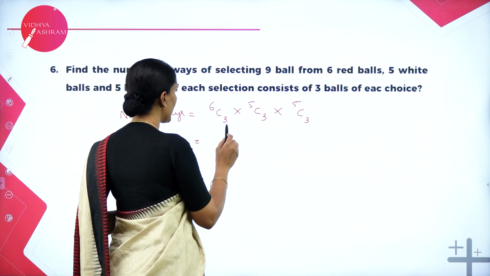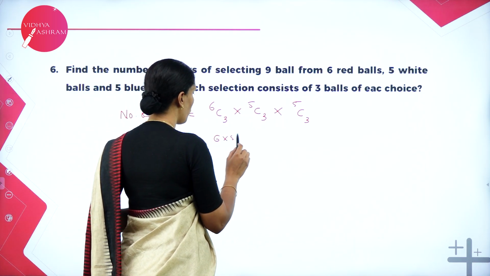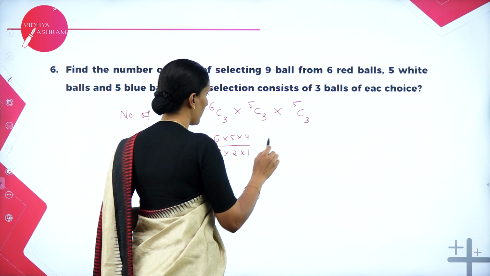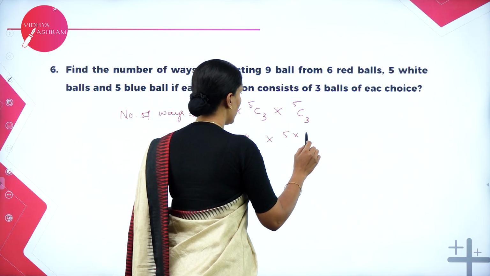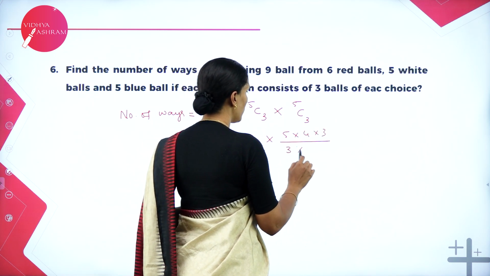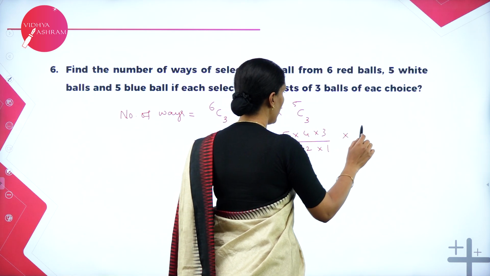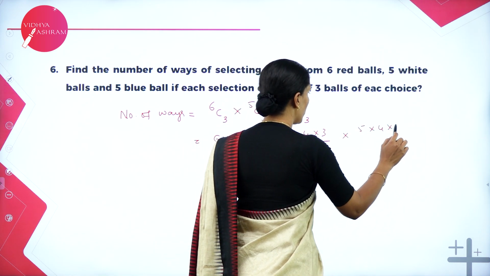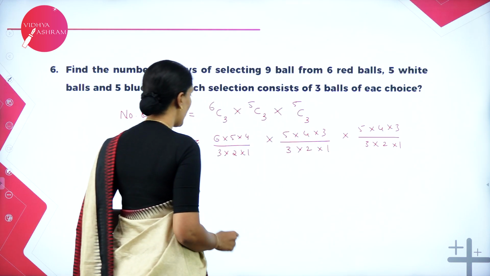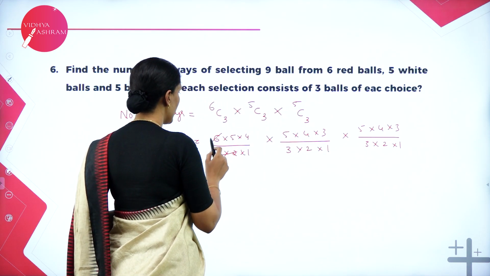So now 6C3 can be written as 6 into 5 into 4 divided by 3 into 2 into 1. Similarly 5 into 4 into 3 divided by 3 into 2 into 1. Again here 5 into 4 into 3 divided by 3 into 2 into 1. So we can cancel, 3 twos are 6, 6.